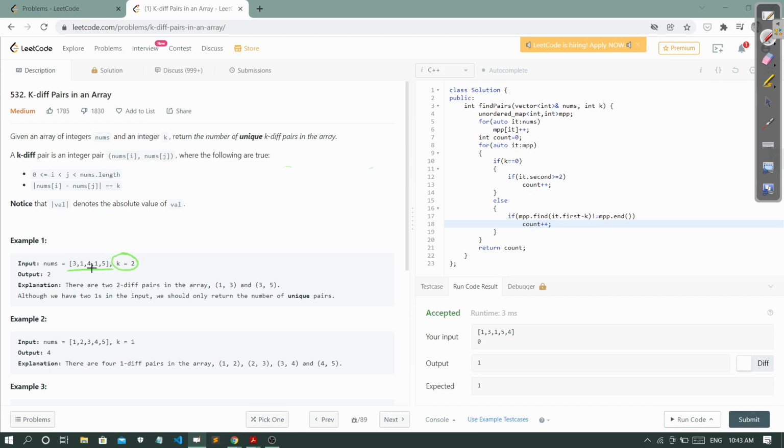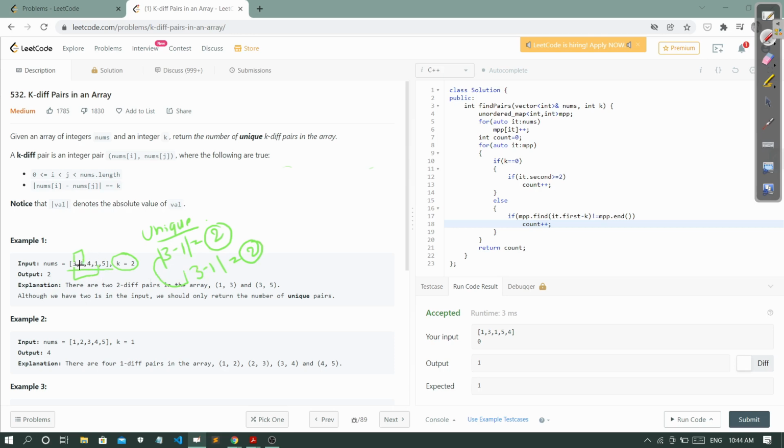So we have to find the unique pair such that the difference between the two, if I consider 3 and 1, the absolute difference between these two is equal to 2. So we get this pair 1 and 3, and we also get 3 and 1 again, but we have to return only unique pairs. These two are not unique, so we have to take care of that.